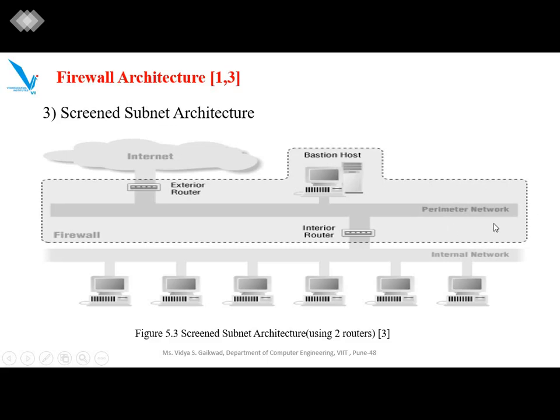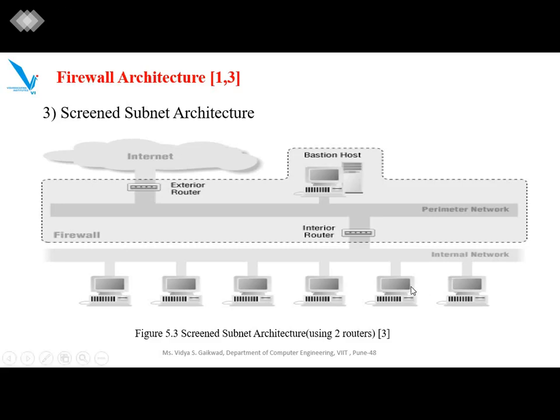In this case, the attacker may be able to get partial access, but the complete internal network is not available to the attacker. So in screen subnet architecture, two screening routers, exterior router and interior router, are used.